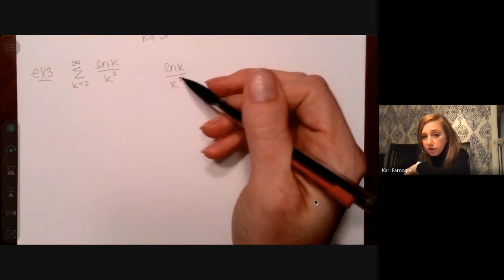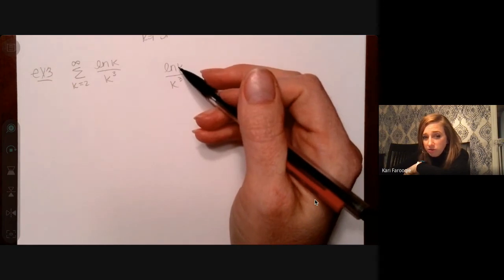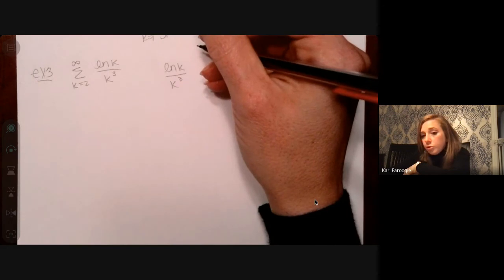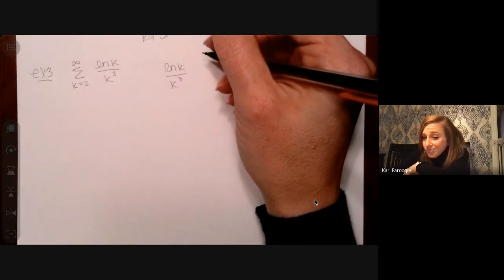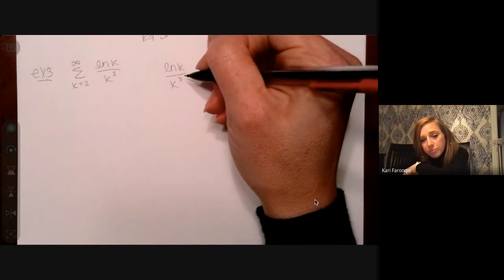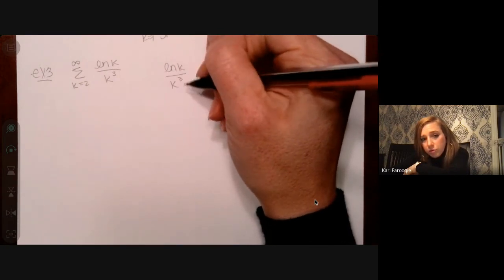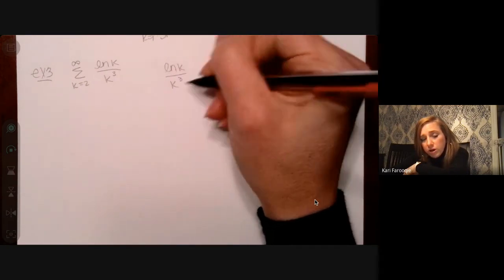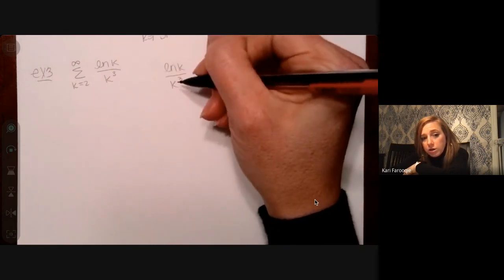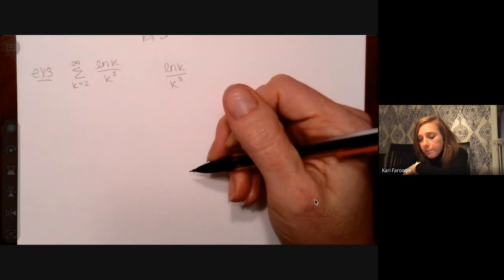So for larger values of k, the natural log function is not growing very quickly. So you would be thinking here like small divided by large. This probably is going to converge because the ratio is going to get small very quickly when you're dividing by large values.